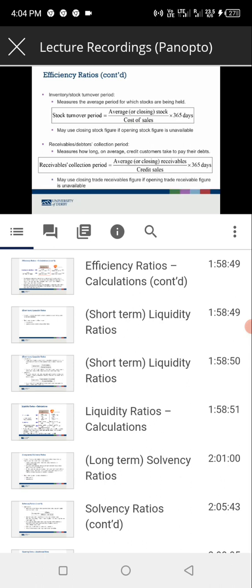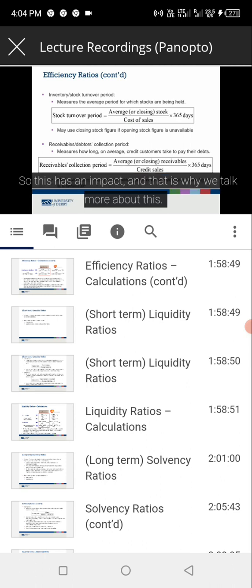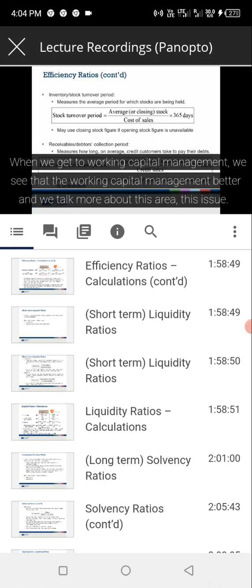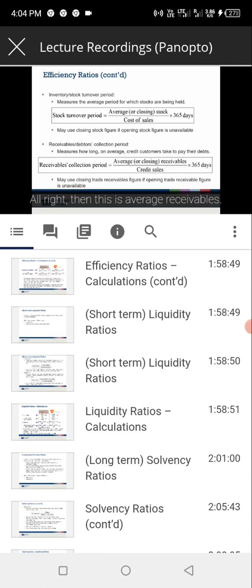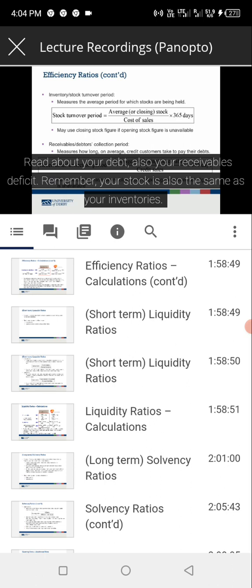So this has an impact, and that is why we will talk more about this when we get to working capital management, later, and we'll talk more about these ratios. Then, this is average receivables. Remember, your debtors and your receivables are the same thing.